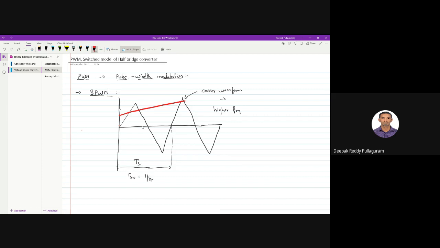For example, in this region, do we have the modulating signal greater or the carrier wave greater? The modulating signal is greater. So in this region we get a pulse, a positive pulse.